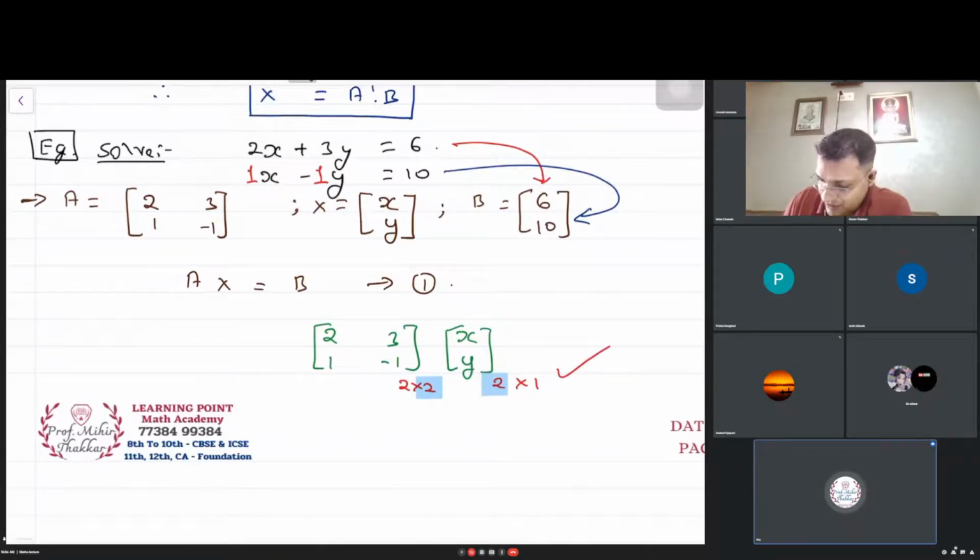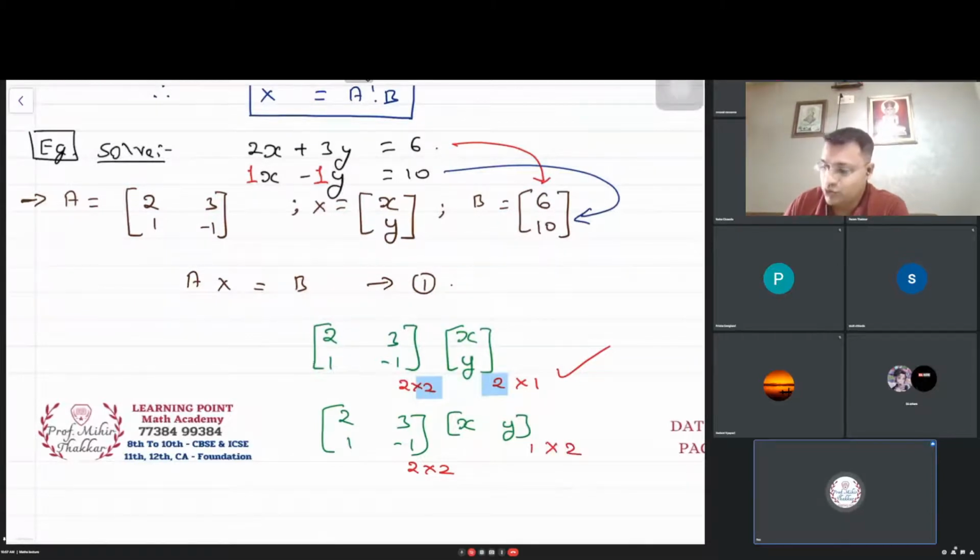Instead, if by chance you write it like this, 2, 3, 1 and minus 1, and if I write X and Y horizontally, then there is a very big problem. What is it? A doesn't have any issue. It is still of order 2 by 2. But this time X becomes of order 1 by 2, 1 row and 2 columns. Now over here, guys, there are two rows and only one column.